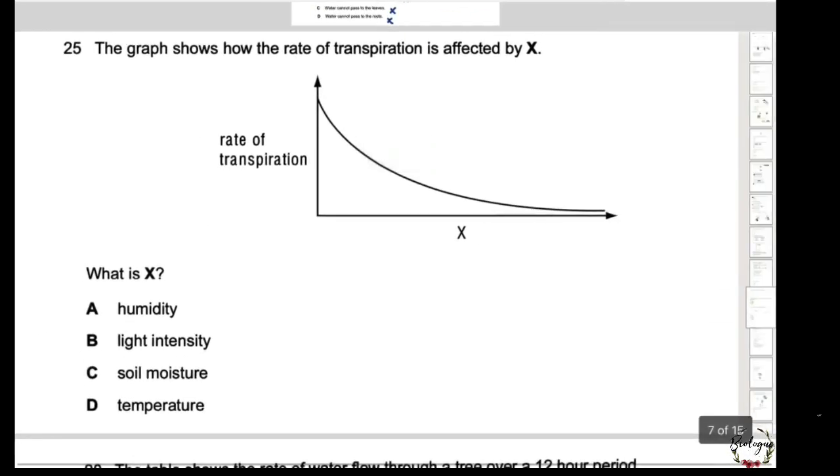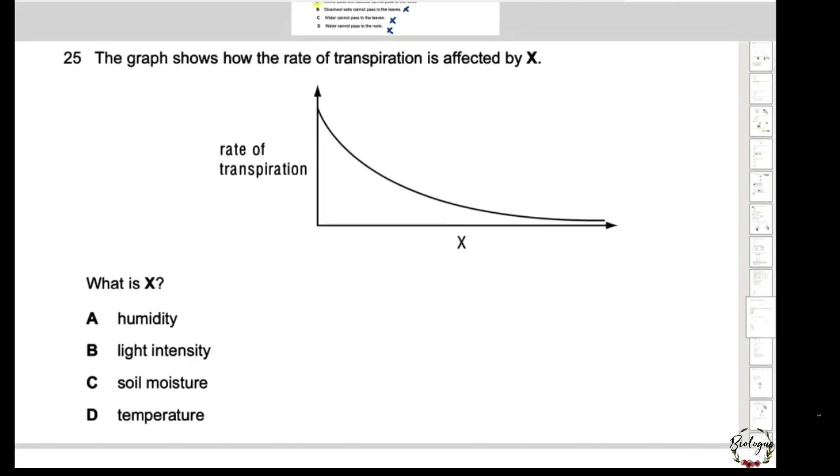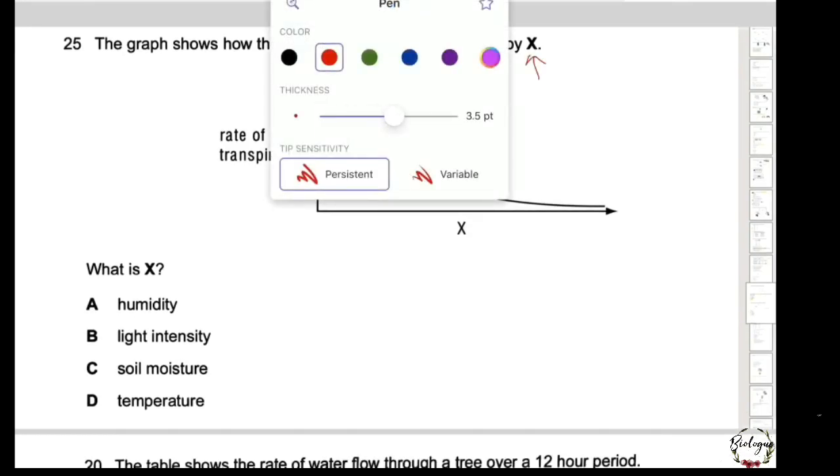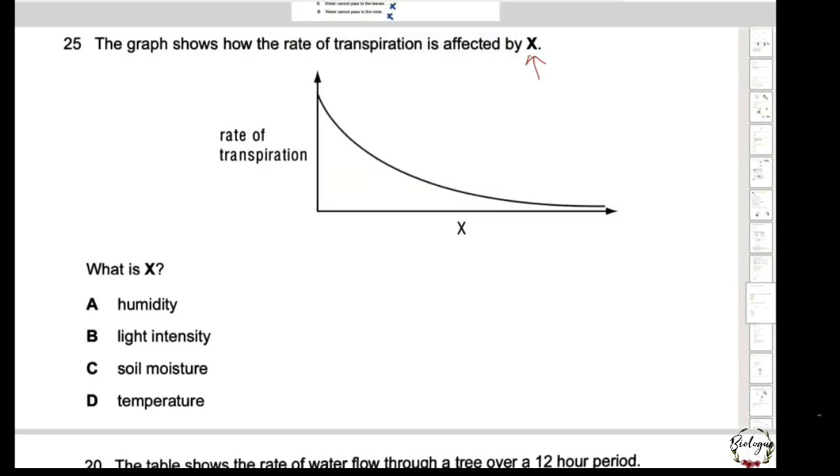Moving on to the next question. The graph shows how the rate of transpiration is affected by the factor X. The factor X is what we have to identify here. So what is X? Now remember, according to the previous information that I gave you, the factors that affect the rate of transpiration will be humidity, temperature, wind speed, etc. Now remember that only humidity is the factor that will cause an inverse relationship with the rate of transpiration.